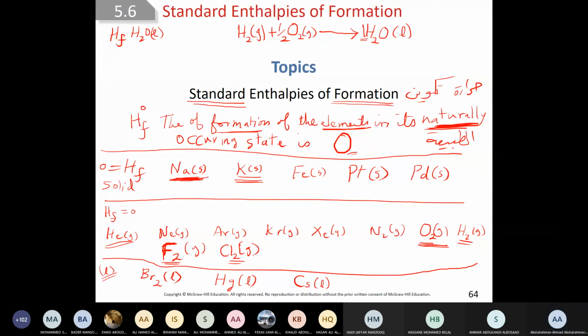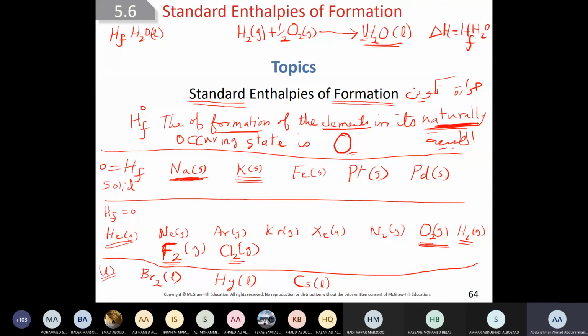That's it. What's delta H for this reaction? The heat of this reaction is equal to the heat of formation of H2O, because we are making water from naturally occurring elements.